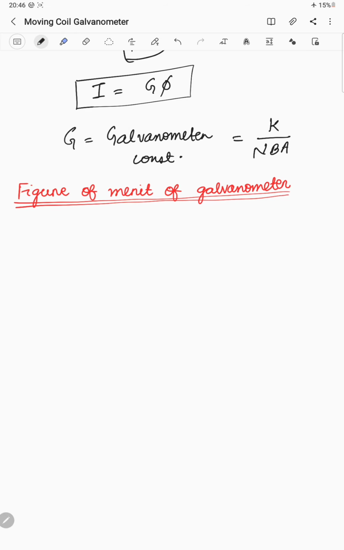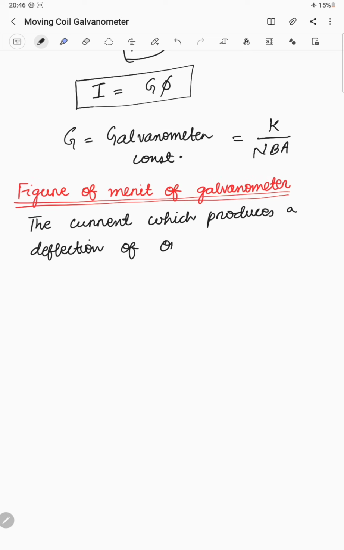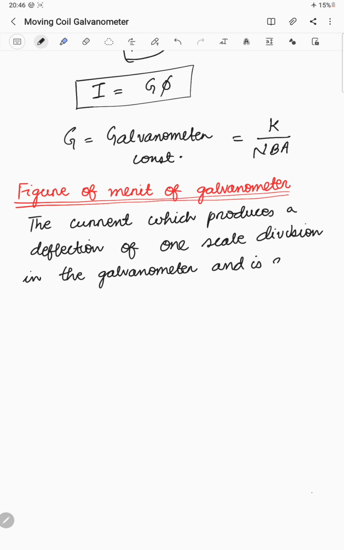It is defined as the current which produces a deflection of one scale division in the galvanometer, and is given by G is equal to I by phi, which is K by NBA. So this is the figure of merit.